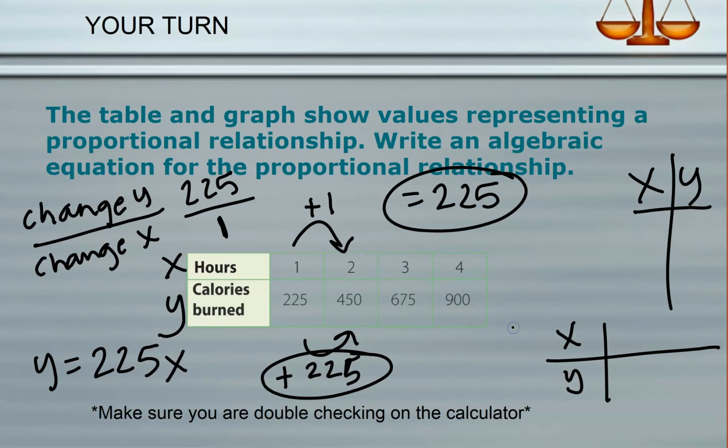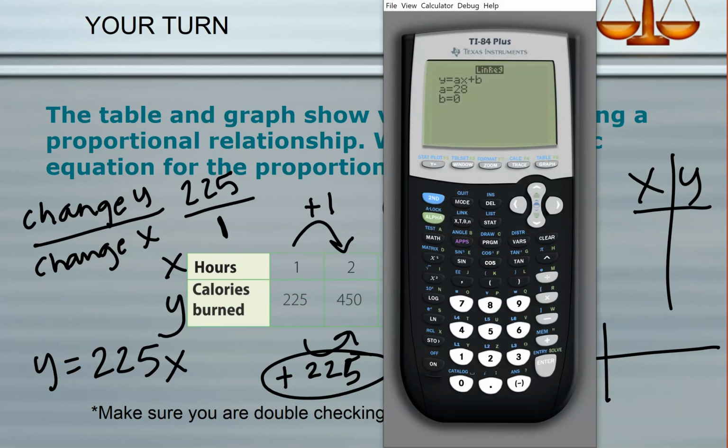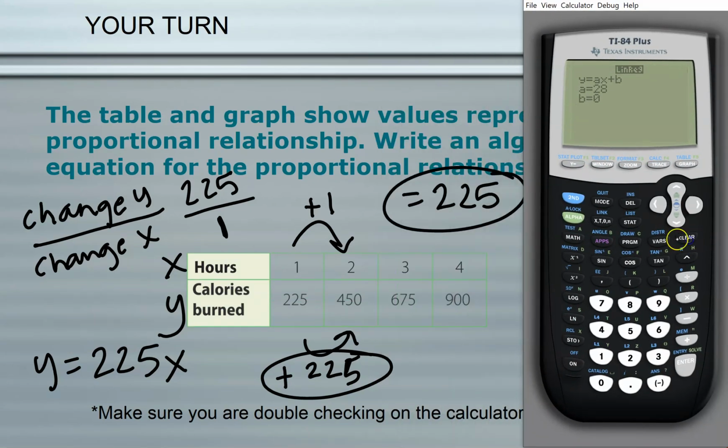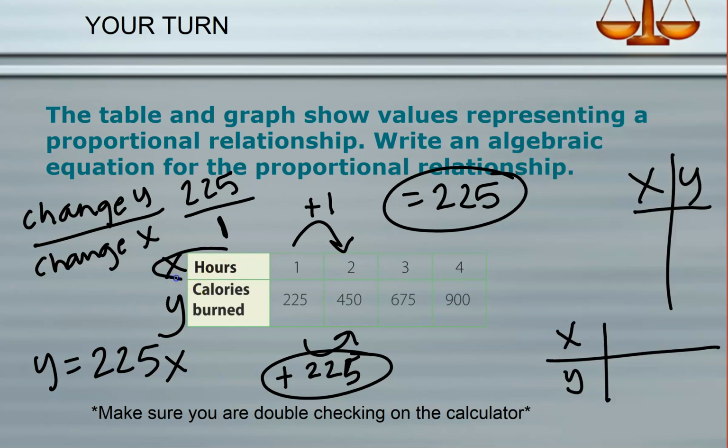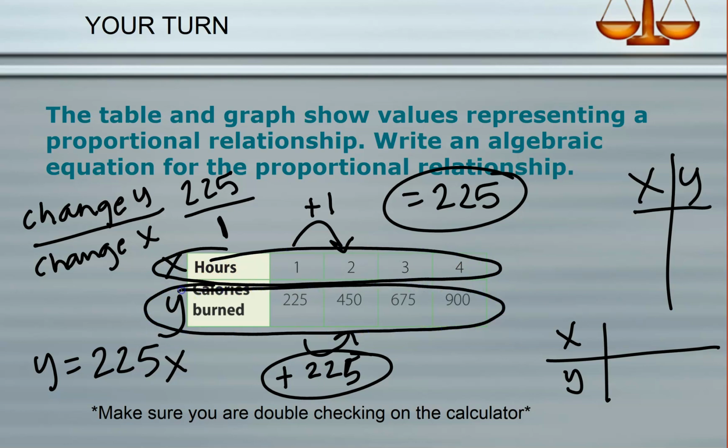So let's just double check on the calculator really quick. Stat, enter, delete what's in there. Again, this is my x right here, and this is my y right here. L1, L2.